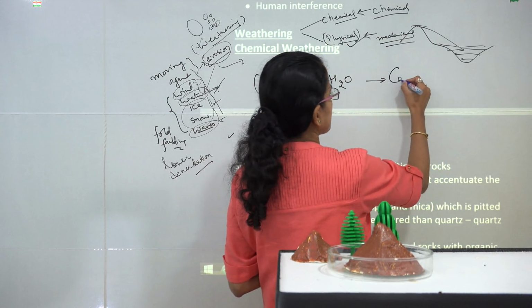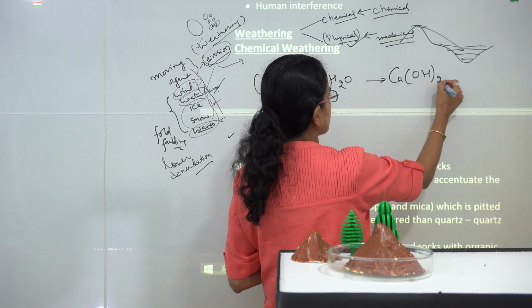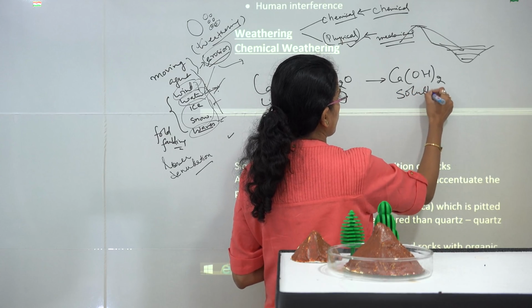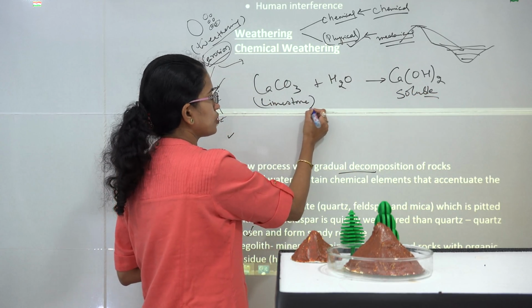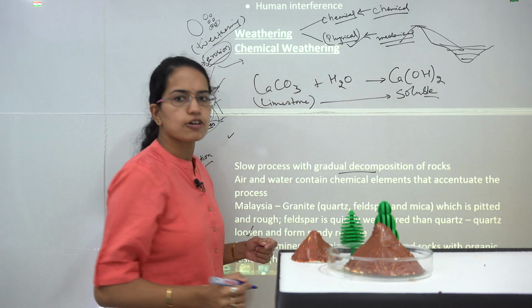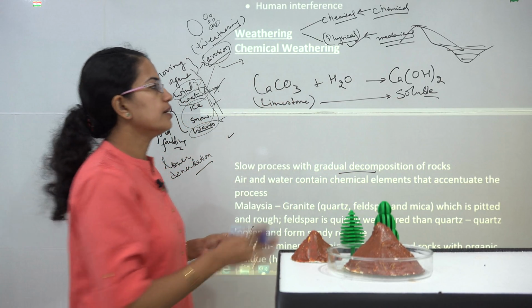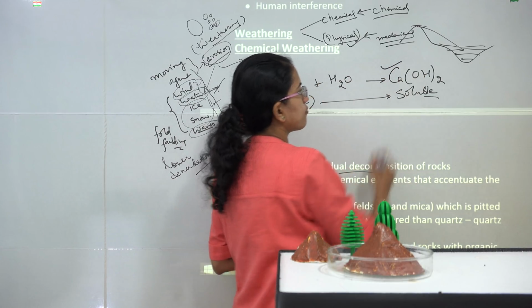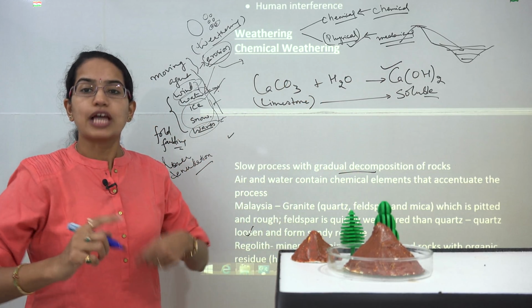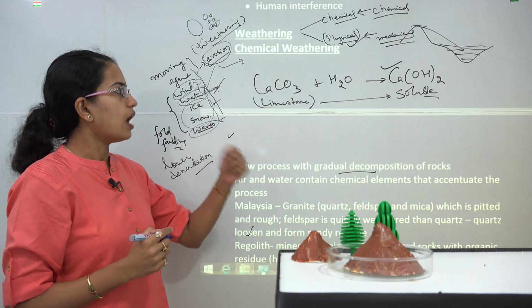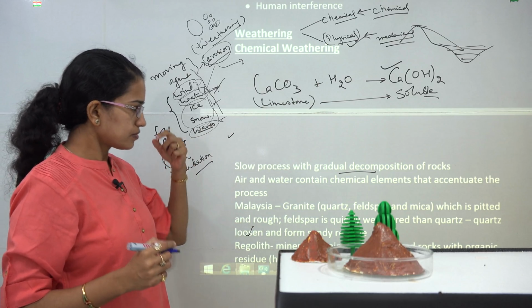It would form calcium hydroxide, and this calcium hydroxide is soluble. So what happens is the limestone rocks are ultimately dissolved into the water, because in presence of water they form calcium hydroxide. So that's one example to explain how chemical weathering takes place.